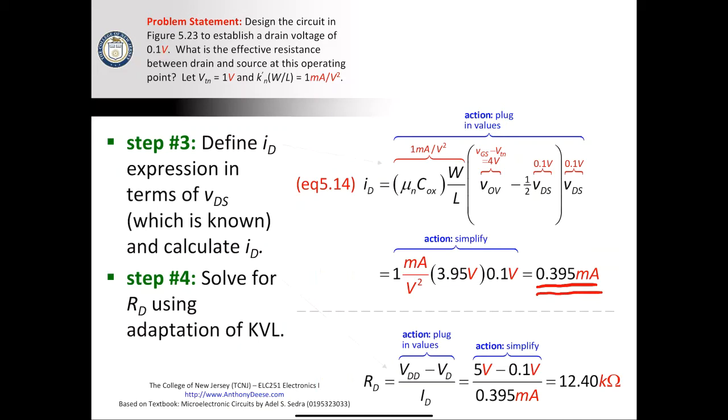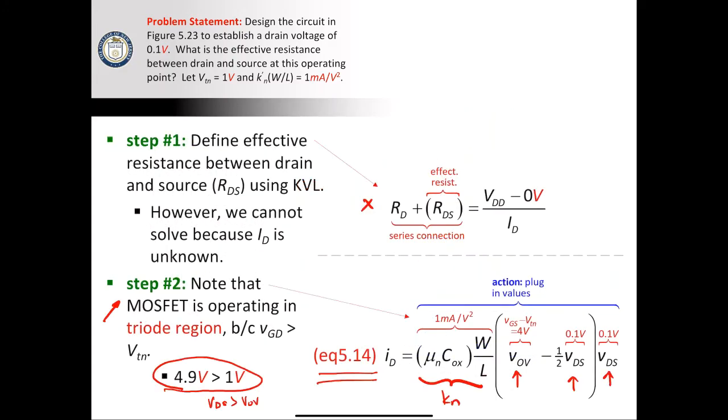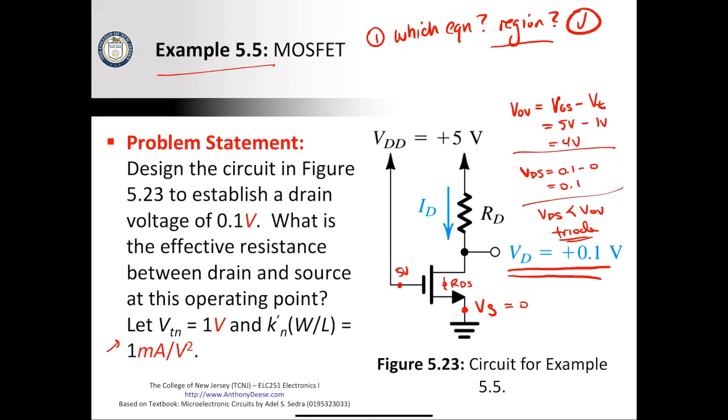And then we can plug that into this equation down here, which simply says the resistance RDS will be equal to VDD over the sum of the two resistances together, or you could say VD over ID.